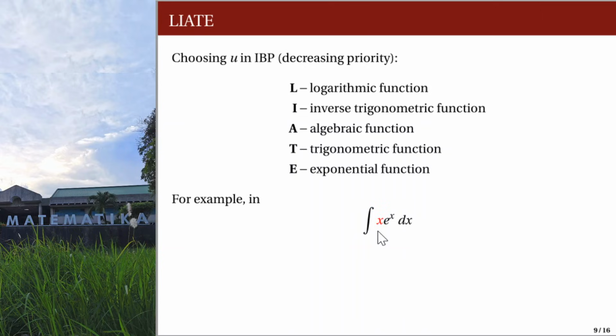That's why we end up with u equals x and then sino yung dv? Remember, dv automatically follows once you have chosen u. Kasi yung dv, siya yung the rest of the factors in the product. So, dv will just be e to the x dx. And that is what we have sa ating example kanina. We chose u equals x and dv equals e to the x dx.